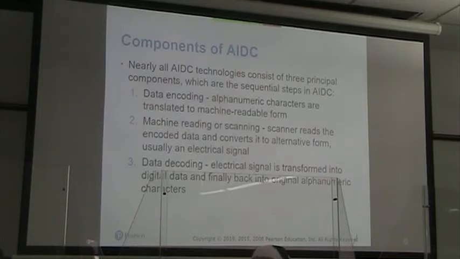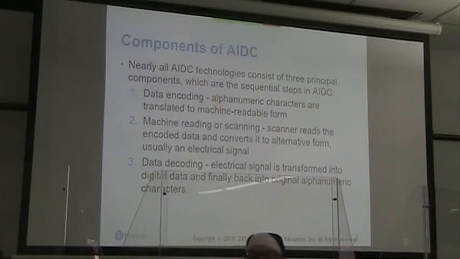Then we have the machine reading and or scanning, where a scanner reads that encoded data and encodes it onto a memory of some kind, usually as an electrical signal.